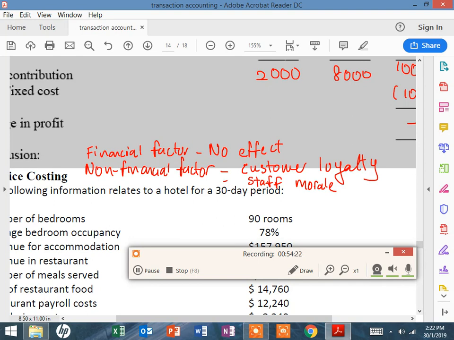Understand? Because we already did further process and incurred $6 already.